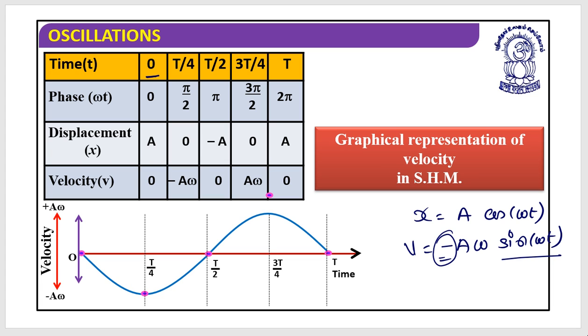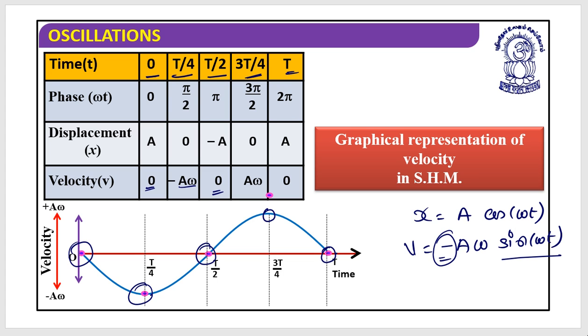So at t equals 0, the velocity is 0. At t equals T by 4, it's minus a omega. At t equals T by 2, this is 0. At t equals 3T by 4, it is plus a omega. And at t equals T, the velocity would be 0.